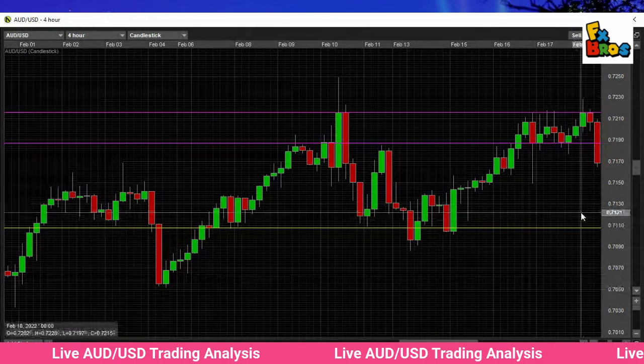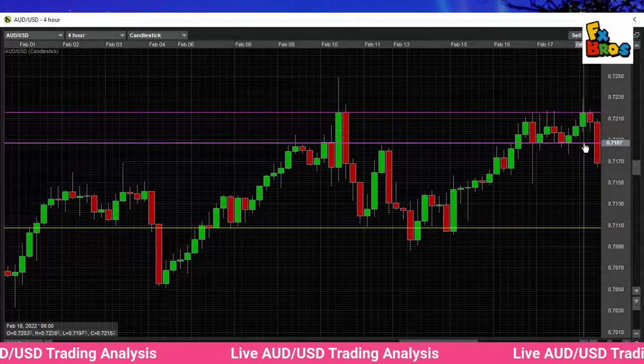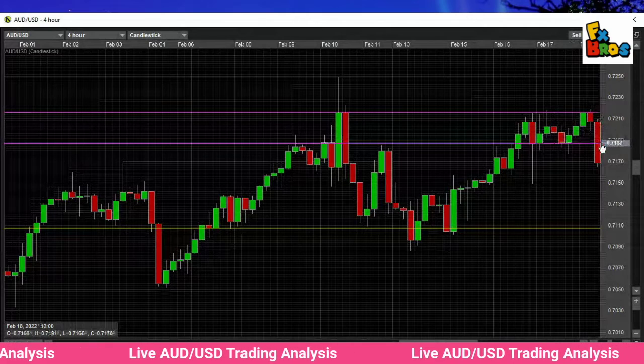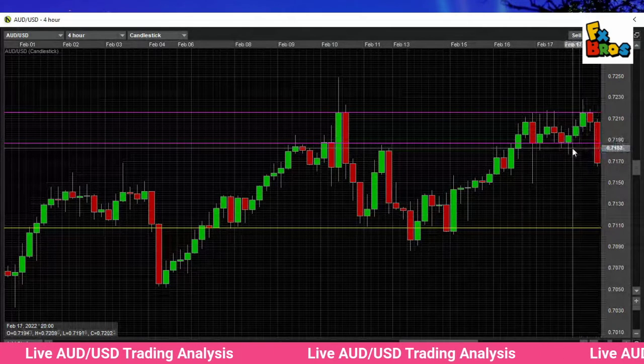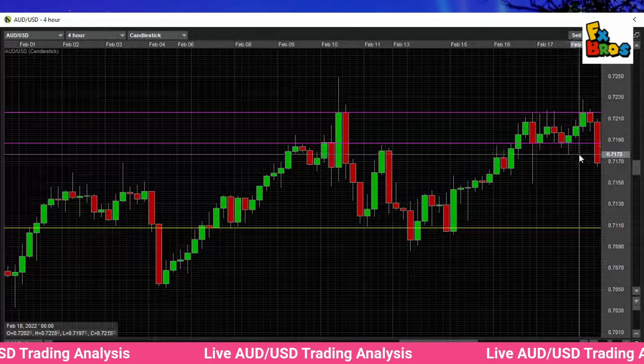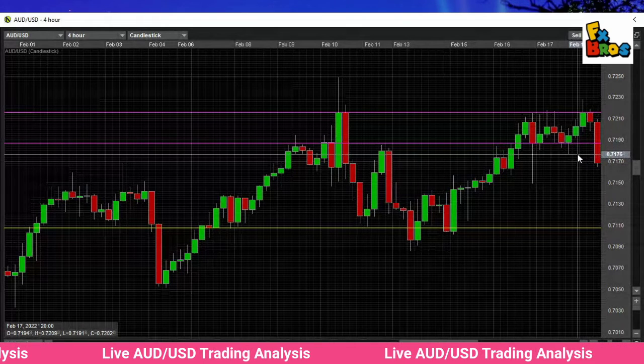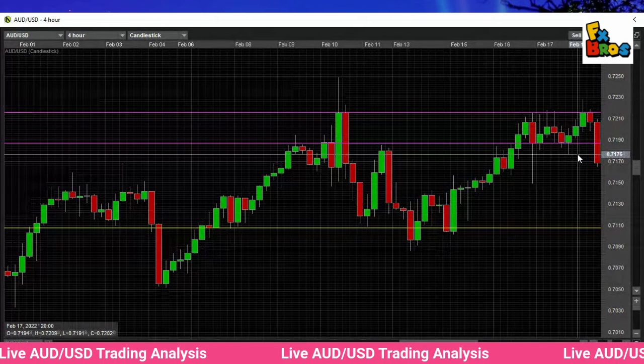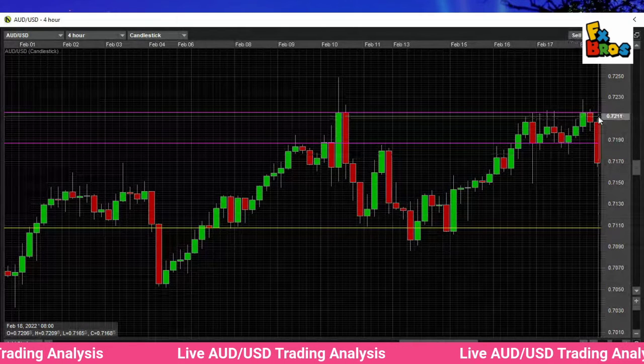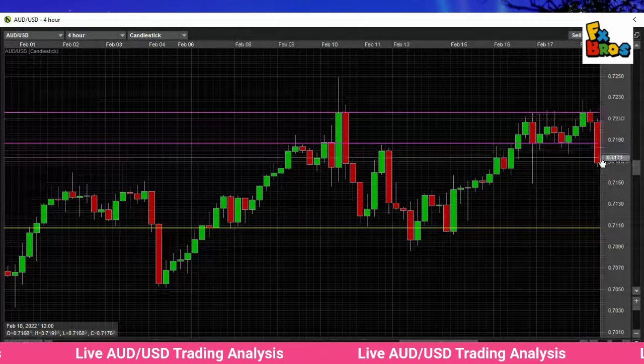So with that being said, not only did price break down, it broke these lows and broke these lows. So you could either get into an impulse entry and put your stops way above here, or you could wait for a retest.